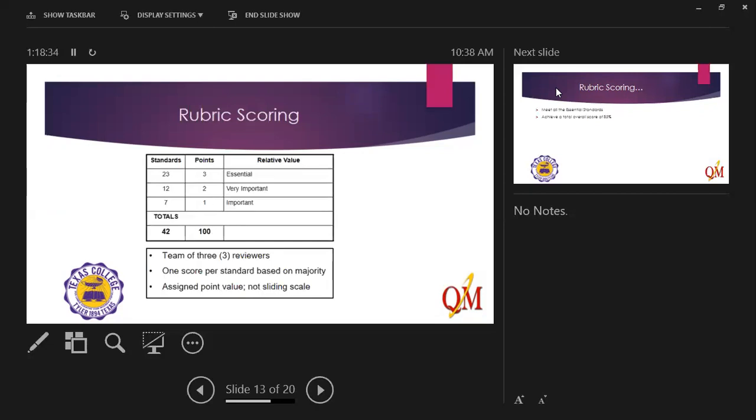In other words, if 2 of the reviewers say that my unit or module meets the specific review standard, then I earn the 3 points because it's based on majority. But if 2 of those reviewers say I do not meet specific review standard 1.1 for that unit, then I don't earn the points. You don't get any of them? No, you don't get any. So it's all or nothing? Yes.